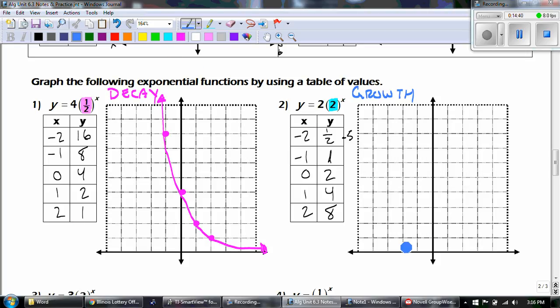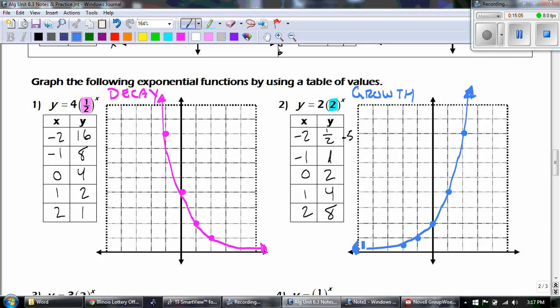At -2, I'm at 1/2. -1, I'm at 1. 0, I'm at 2. 1, I'm at 4. And 2, we're at 8. Okay, and then there we go. Make sure it's nice and smooth. You don't have to go as high as I go.